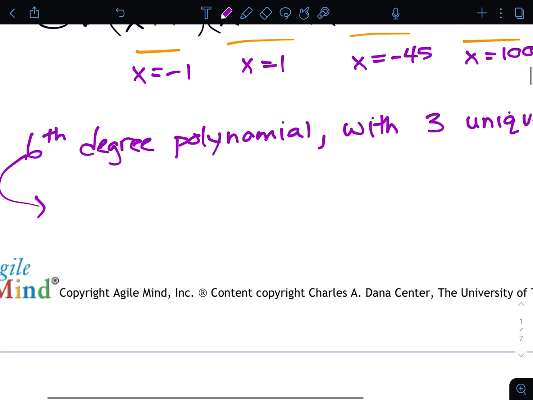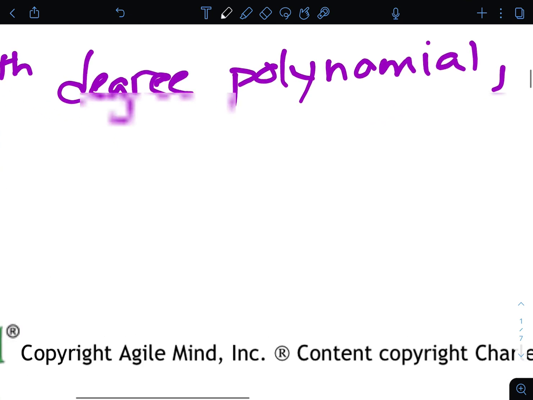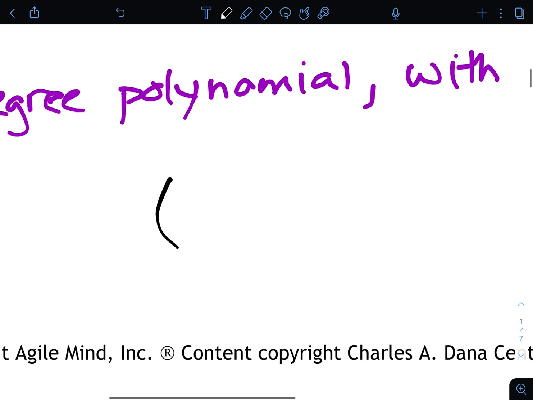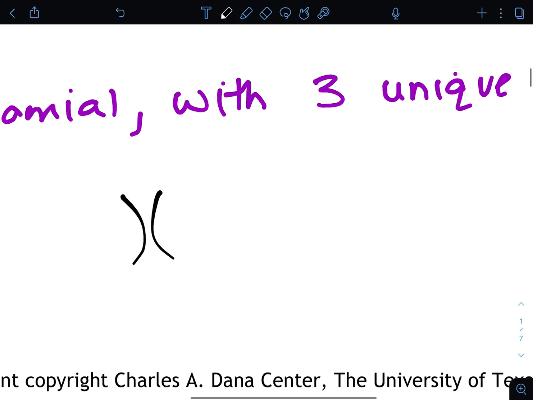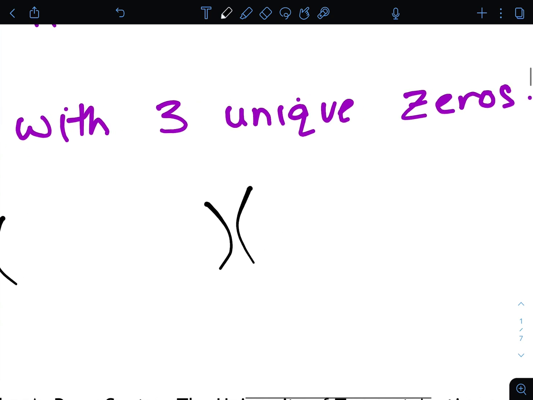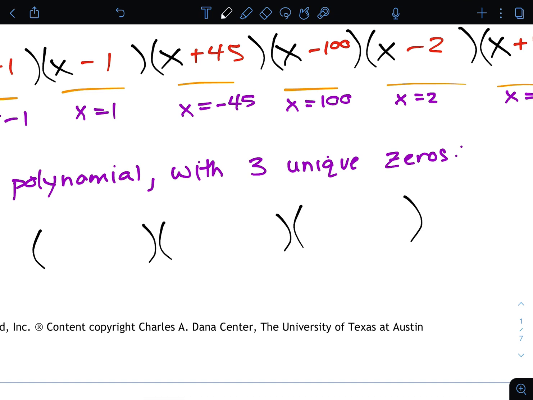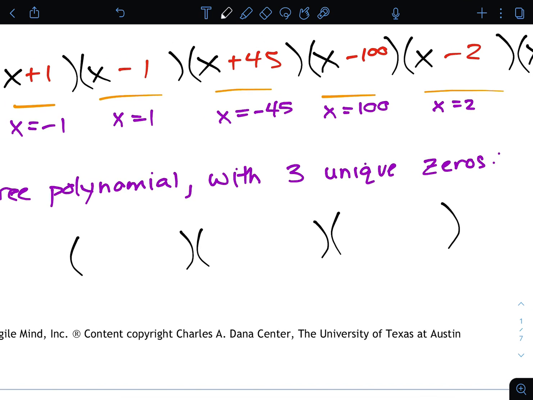All right, well, it's still a 6th degree, so I know that I need to have 6 x's. But I only want 3 unique ones. So I know I only want 3 groups, because I only have 3 unique zeros.